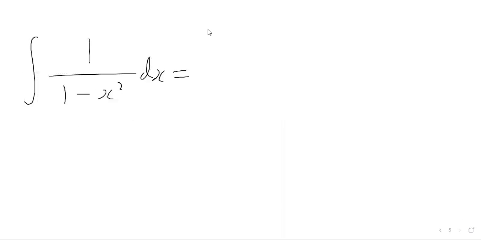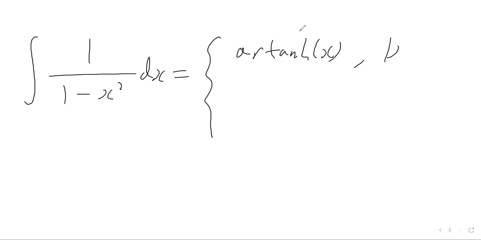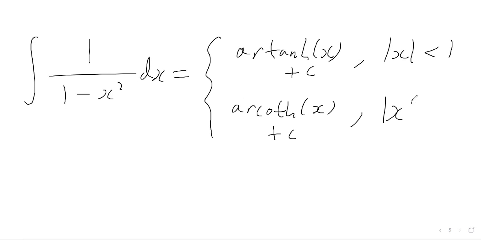If the modulus of x is less than 1, then the result we got was ARTANH of x, plus c technically. And if the modulus of x is greater than 1, then the result we get is this ARCOTH of x function, again plus c. And obviously, if the modulus of x is equal to 1, then this function is undefined. So that's something we did in that previous video.